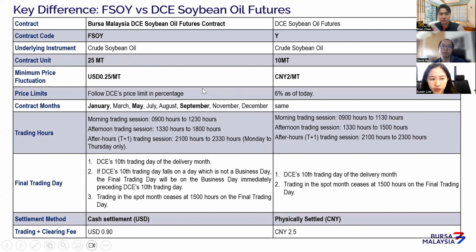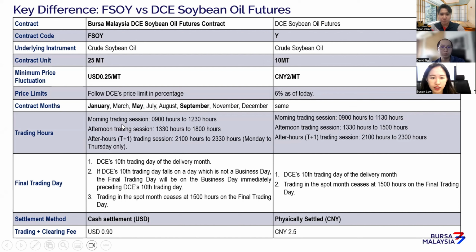The contract is mostly similar when it comes to the design. For example, the contract months are exactly the same as DCE, where the most active months are usually January, May, and September. This is how the DCE contract currently works, but their other contracts are quite liquid as well. It's just how the contract behaves currently.